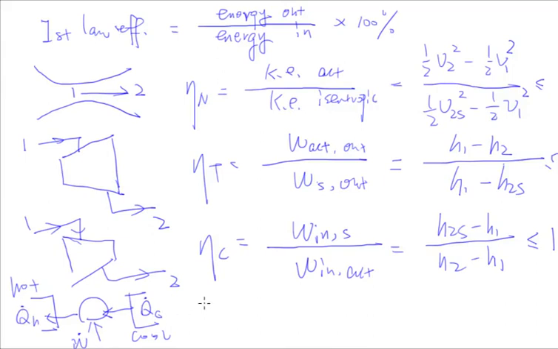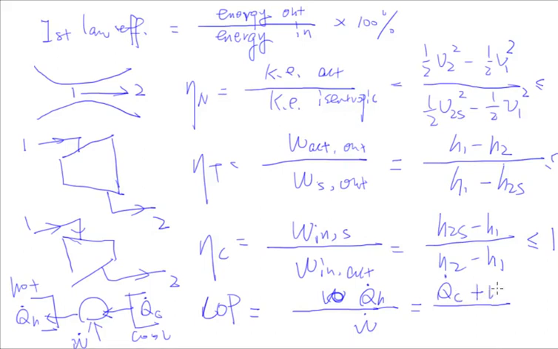And the coefficient of performance for a heat pump is defined as the amount of energy transferred to the high temperature source, because that's what we want, over the amount of work we put into the system. So that is also equal to the amount of heat transfer from the low temperature source plus the amount of work, divided by the amount of work.